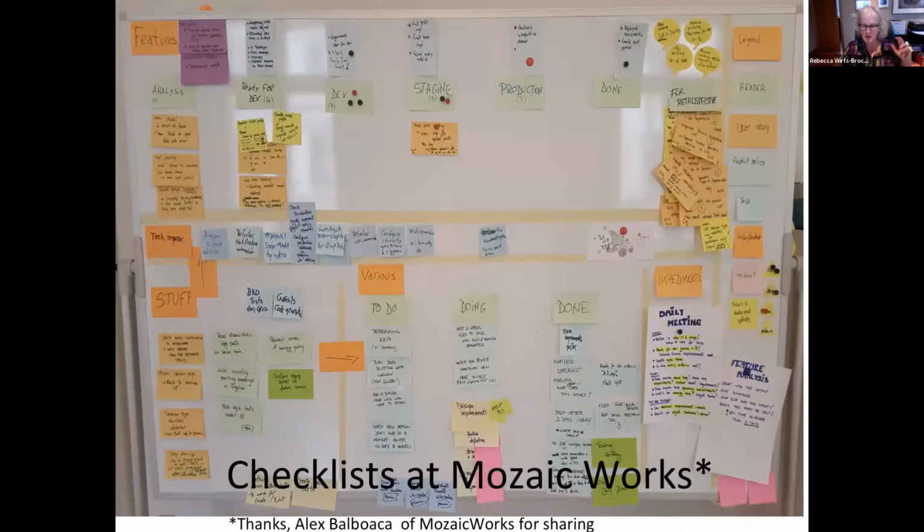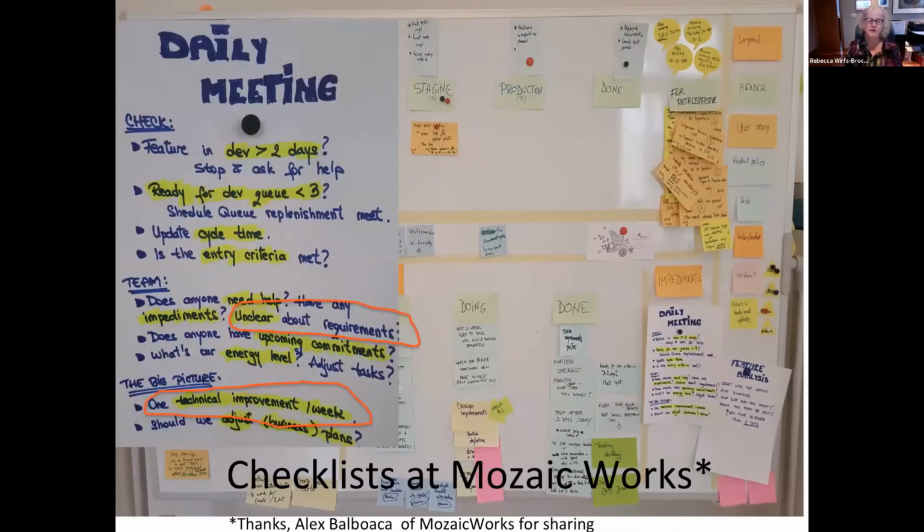At Mosaic Works, they have a Kanban board for their product development. It's a small company from Romania that I have enjoyed working with. One of the things they have is guiding heuristics about what to do every day, and they talk about them in their daily stand-up. If you're unclear about any requirements, go get clarity.